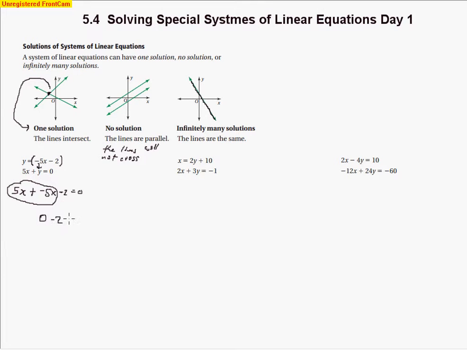Minus 2 equals 0. So when we end up with this situation, when we're solving an equation, all the variables cancel, and we're left with a false statement. What that means is that the slopes were the same. And so that means that the lines are parallel, so they will not cross.